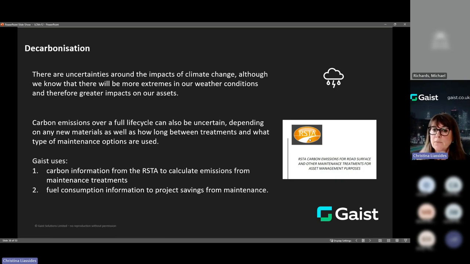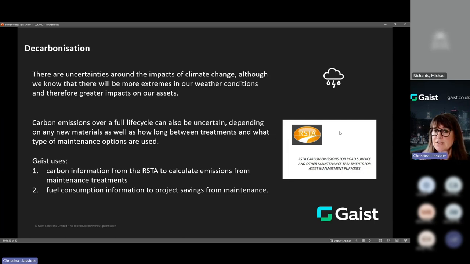At the moment, though, we still have to confess that, if you're going to, for example, resurface all your roads, there would actually be a high carbon emission from that. When we're looking at life cycle modelling strategy, that could actually be quite depressing, because if you're saying, well, actually, we're going to invest in our highway and we're going to give the public a better highway, your carbon emissions are naturally going to go up.